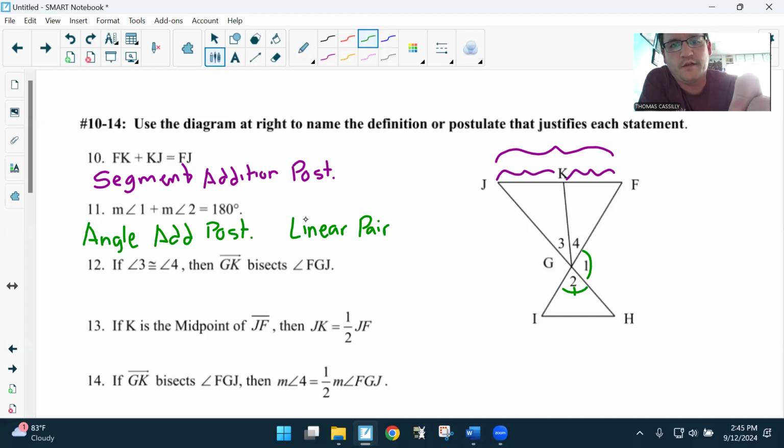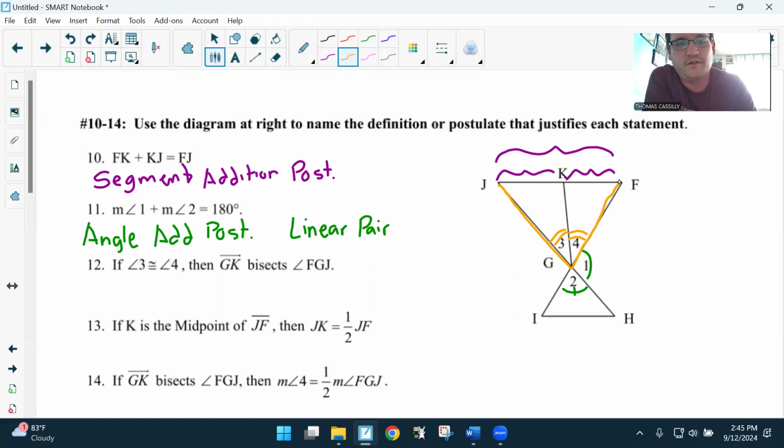All right, now, next one says if angle 3 is congruent to angle 4. So I'm going to draw some congruent marks on here. Angle 3 is congruent to angle 4. Then GK bisects FGJ. All right, so FGJ is this whole angle here. Remember, when we name angles, that middle letter is the important one.